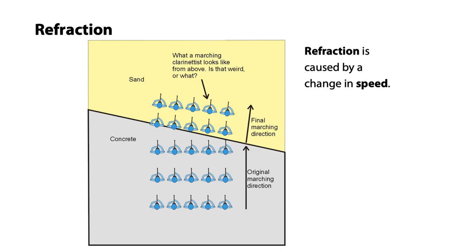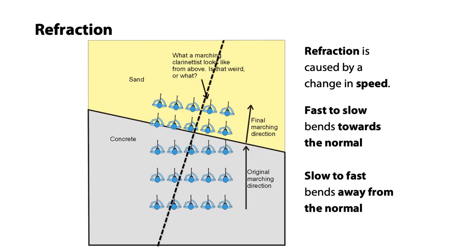But because the boundary is not aligned with the marchers, the clarinetist on the right starts moving slower earlier compared to the clarinetist on the left. The effect of this will be that they change direction.